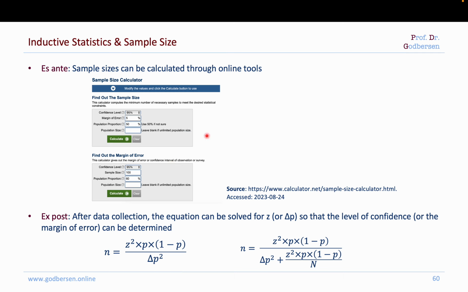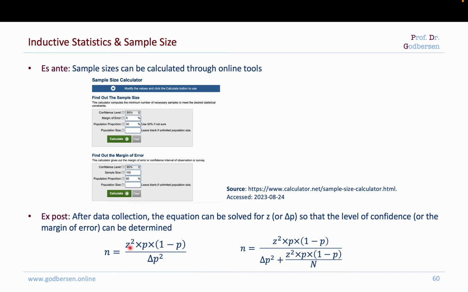This is what you do, as I said before, ex ante, before you collect your data. After you've collected your data, you already have the number of participants. Then you can solve this equation for z, and you can determine the level of confidence.